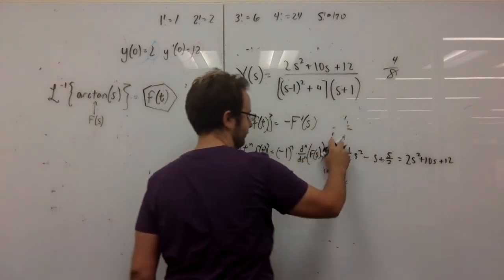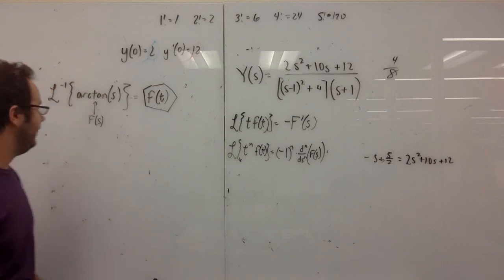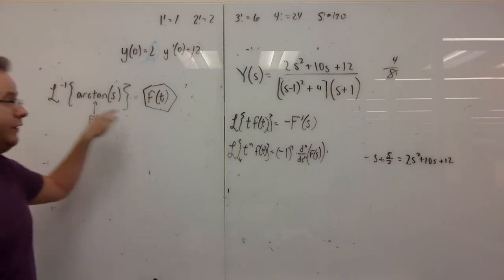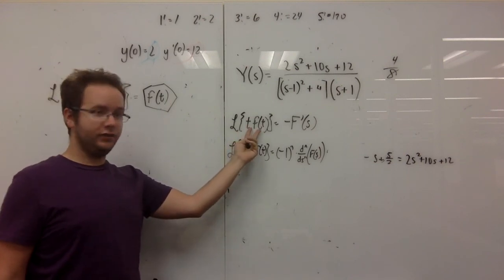So maybe the derivative can help us. If we know the derivative matches a Laplace transform we know, we'll just set it equal to this and solve for f of t.